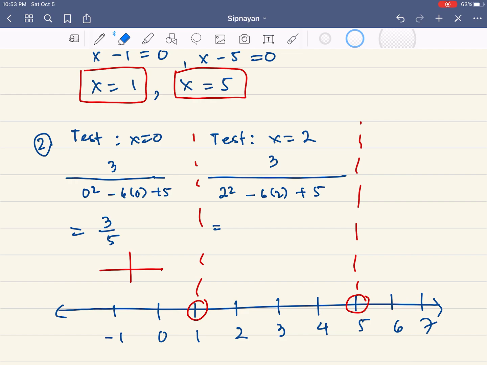Plus 5 is negative 3. So 3 over negative 3 is negative 1, which means that this is negative.